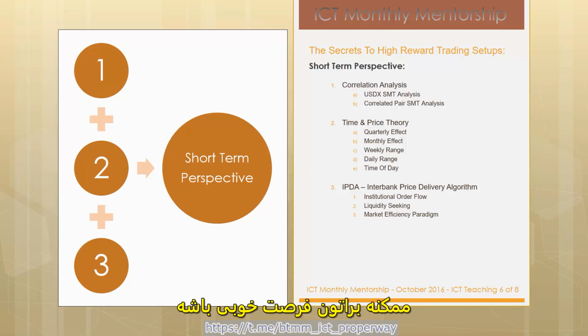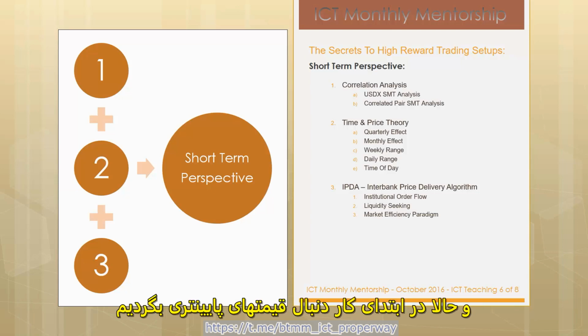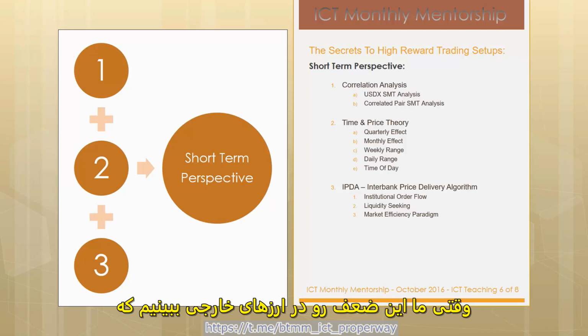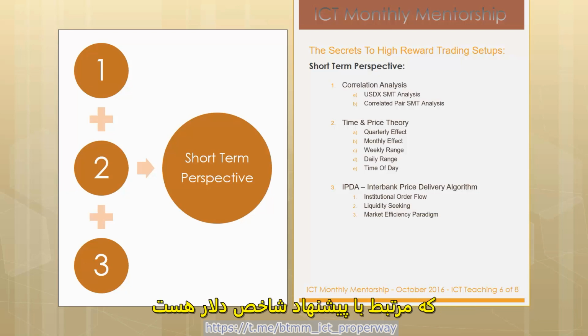Okay, and that would lend well to being short on foreign currencies. Maybe the weekly range. Okay, maybe at the beginning of the week we've rallied up from Sunday into Monday, and now we're primarily looking for what? Lower prices. And if we see that weakness on the part of foreign currencies relative to what the dollar index is suggesting, okay, these are all scenarios.